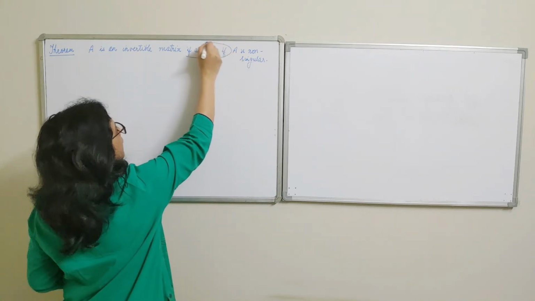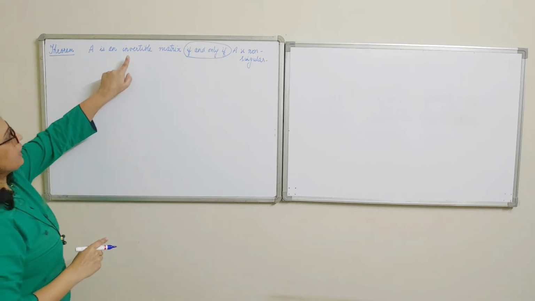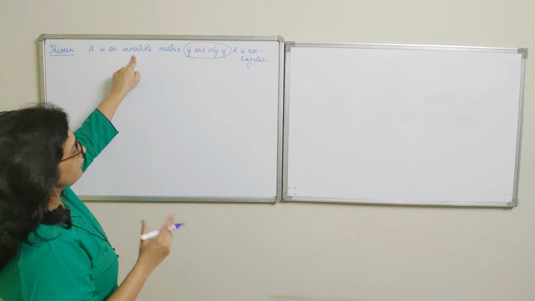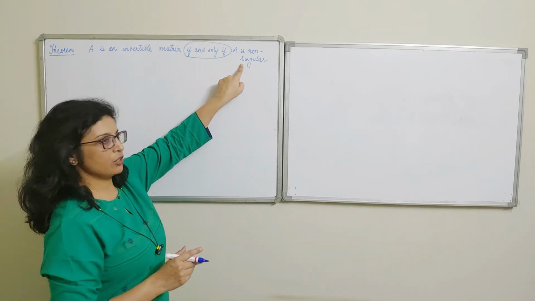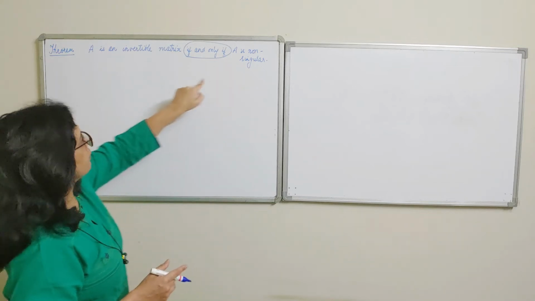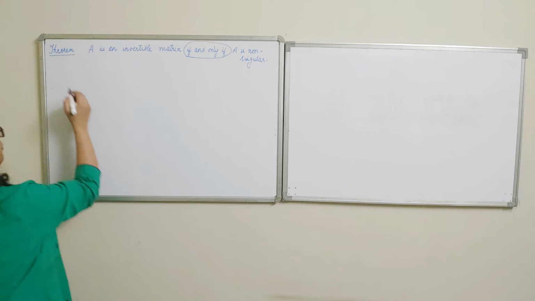So what do we mean by if and only if? If and only if means two things. First, if we assume that A is the given invertible matrix, then we can show that A is non-singular, and vice versa, which means if A is a non-singular matrix, then we can show that A is an invertible matrix. So we are going to prove the theorem.